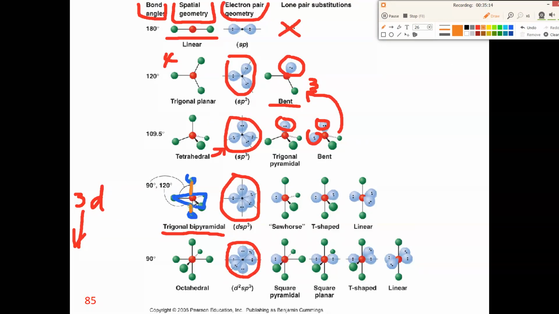These 2 bonds are perpendicular to the central plane. Because the trigonal bipyramidal is different from this one here, trigonal pyramidal. It's kind of different.